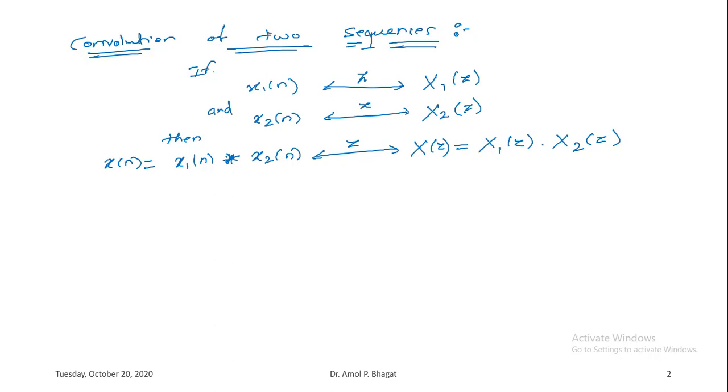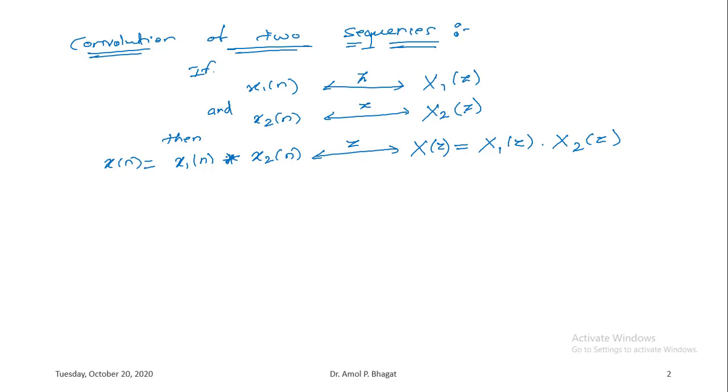Okay, so for identifying convolution, we have seen different methods. We have seen graphical method, tabular method, matrix method, and mathematical method. So for identifying the convolution of two given sequences, any one of those methods can be utilized, right?